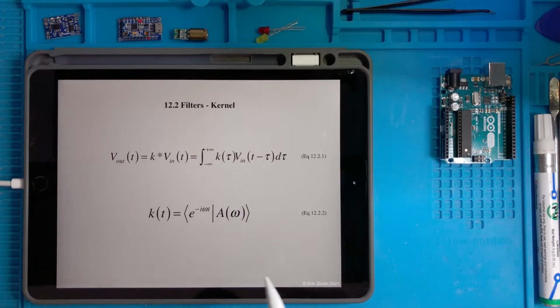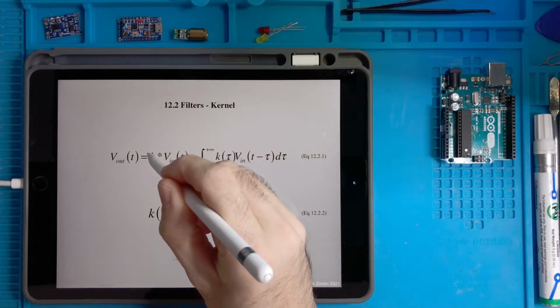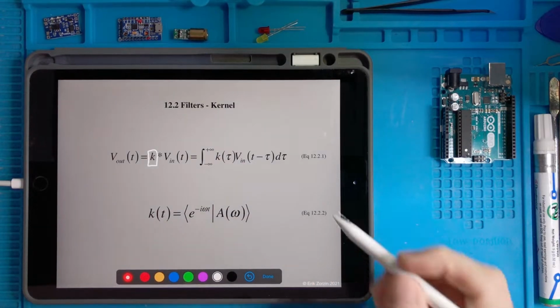There is also another representation, not through the transfer function, but through another thing which is called K, the kernel.